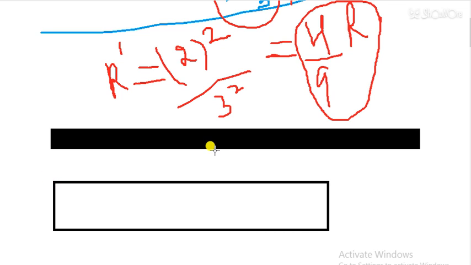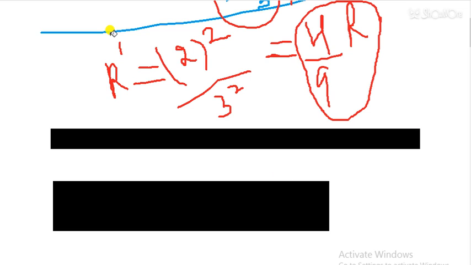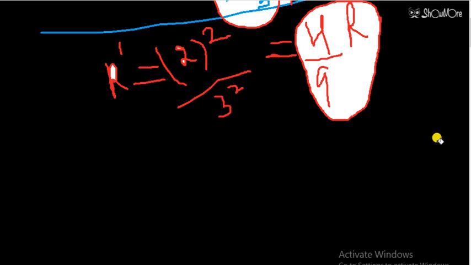Then students, the volume does not change. We have compressed it in the left direction, so its area will increase. Length will decrease and area will increase, so the resistance will decrease.